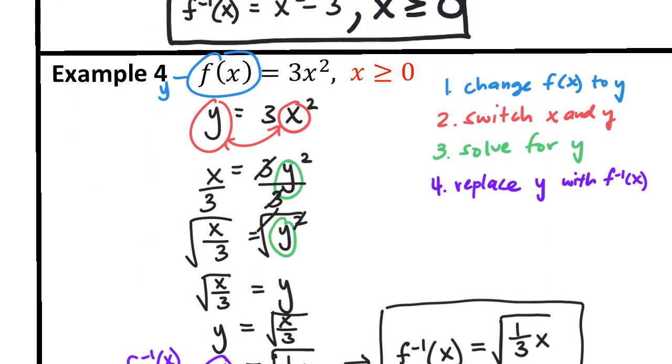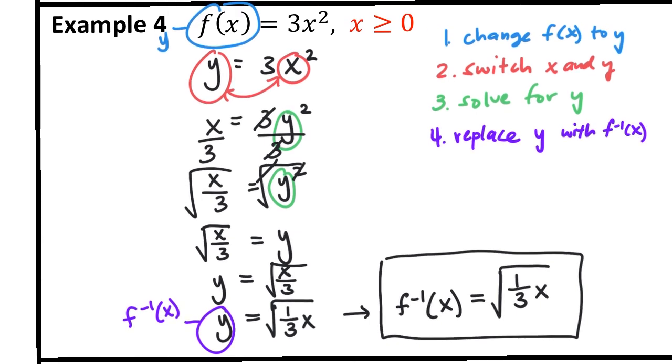Now, for example 4, there's a restriction on this function, on the x squared function, but that restriction tells us that we're only looking at a section of the quadratic function. So if x has to be positive, then our square root is going to stay positive.